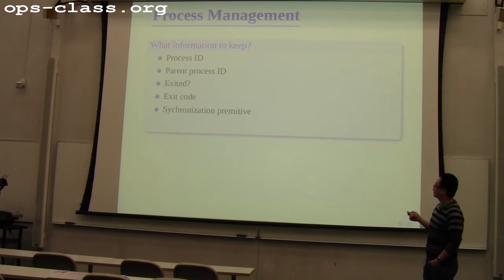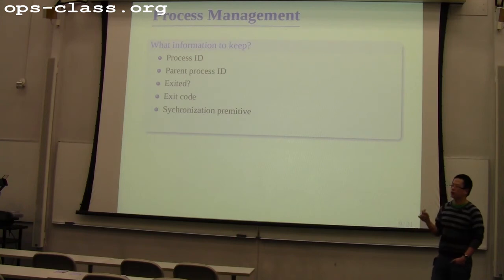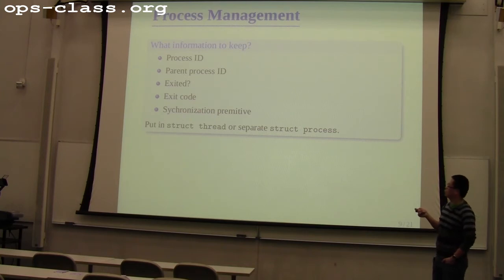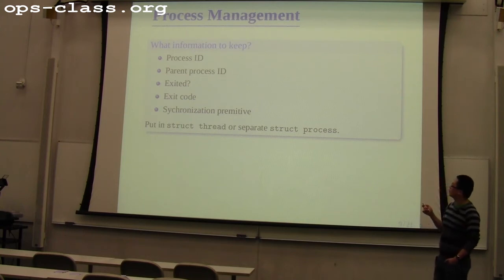And also the coordination between the parent and child thread in exit and waitpid. You can put all this information in the thread structure. It's okay, because in OS/161, the thread is just a process. But later on, I will point out why you want to create a new structure called process instead of putting all the information in the thread structure.